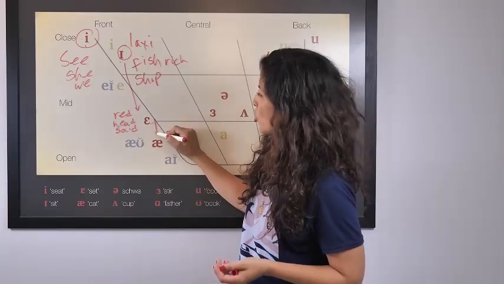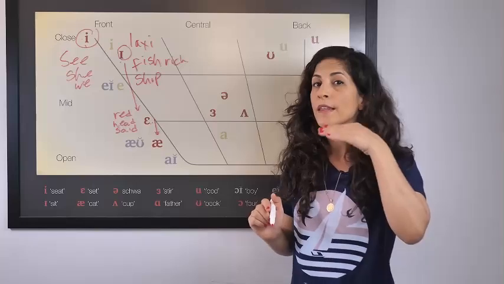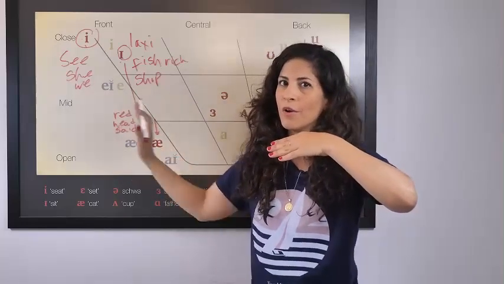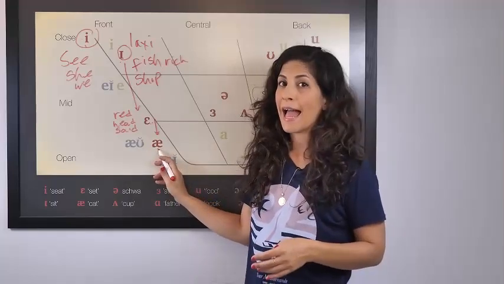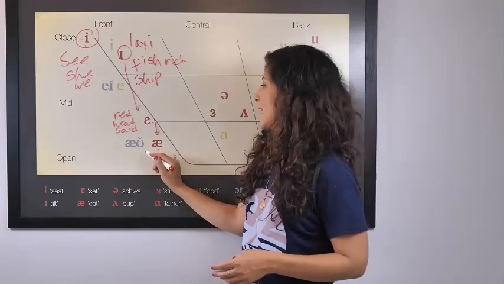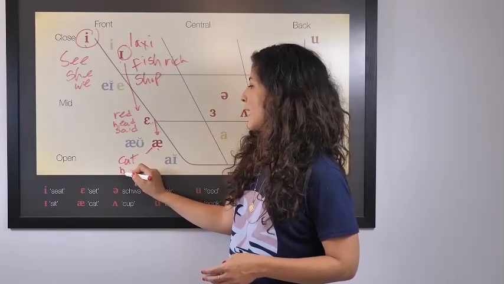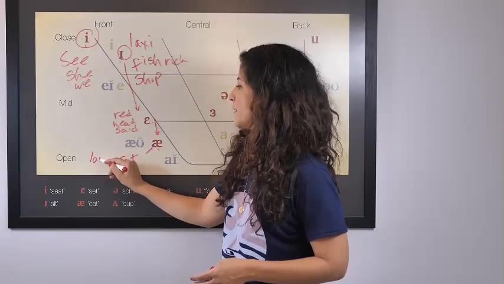If I drop my jaw a bit more, lower my tongue a bit more, remember I need to keep the tip of the tongue forward because it's on the front, on the left side of the chart, right? Then we get to the A as in cat. A, bat, cat, happy, right? Cat and bad and laughed.